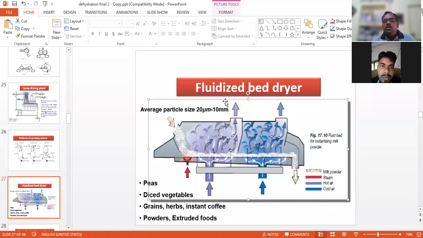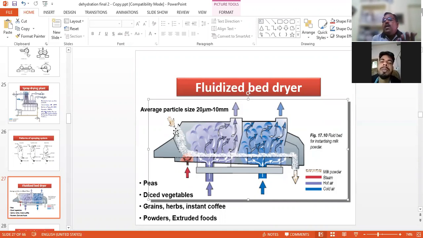So I am just telling you what I have done at Faridabad. We partially cook the rice and partially dry it, and that is transferred into the fluidized bed dryer.